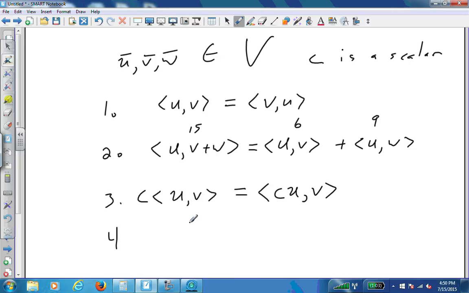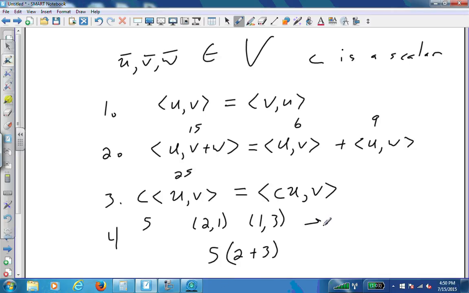For example, if we have vectors (2, 1) and (1, 3) and a scalar of 5, if we dot u and v together first, we have 2 times 1 plus 1 times 3, which is 5, and then we take that answer times 5, so that's 25.